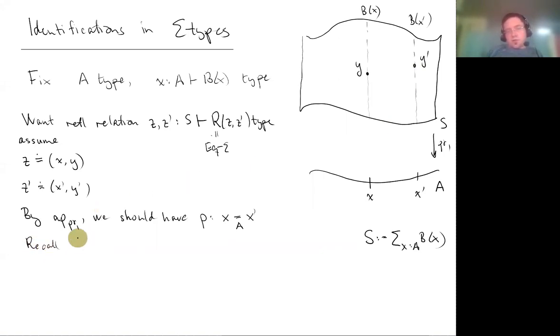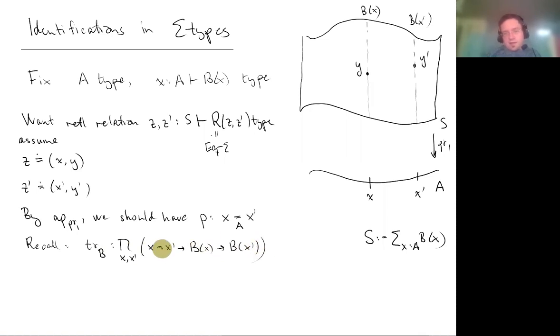So what comes to the rescue is the transport operation. Recall that we have transport, let's call it TR, transport in the type family B. For every x and x prime, if x is equal to x prime, then I get a map from B of x to B of x prime.